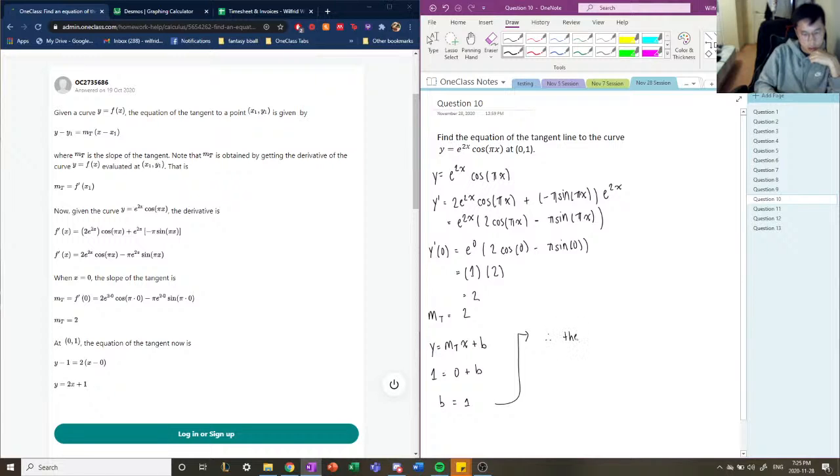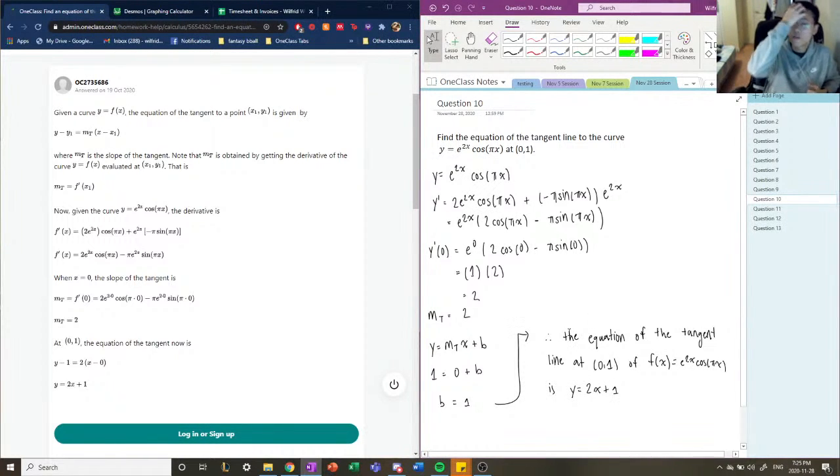Therefore, the equation of the tangent line at 0, 1 of the function y equals e to the 2x cos pi x is, so we're going to plug in our b and our m, which is 2, y equals 2x plus 1. Okay?